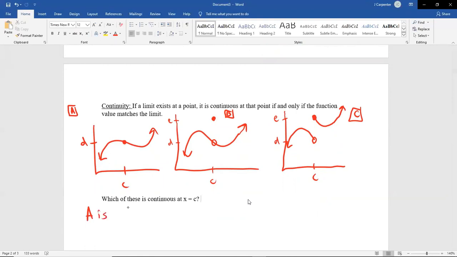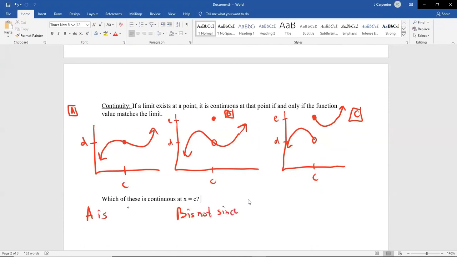Because the limit from the left matches the limit from the right, meaning that it has a limit, and the function value is there. The second one, which I'm calling B, is not. Because the limit from the left is the height of D, the limit from the right is the height of D, so the limit does exist. But the function value is up here, not the same thing as the height.